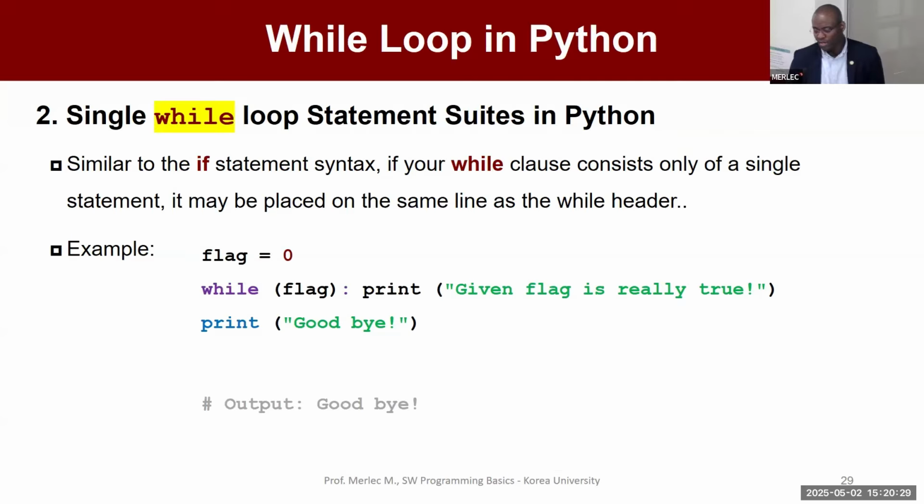Inside the while loop we can also use if statements. In this example we have a flag variable which is initialized to 0, and then in the while we use that flag, which is 0. 0 is basically one of the representations of the Boolean value false. That's why in this case the condition will never change. That means we will print this message, like given flag is really true, and then goodbye.